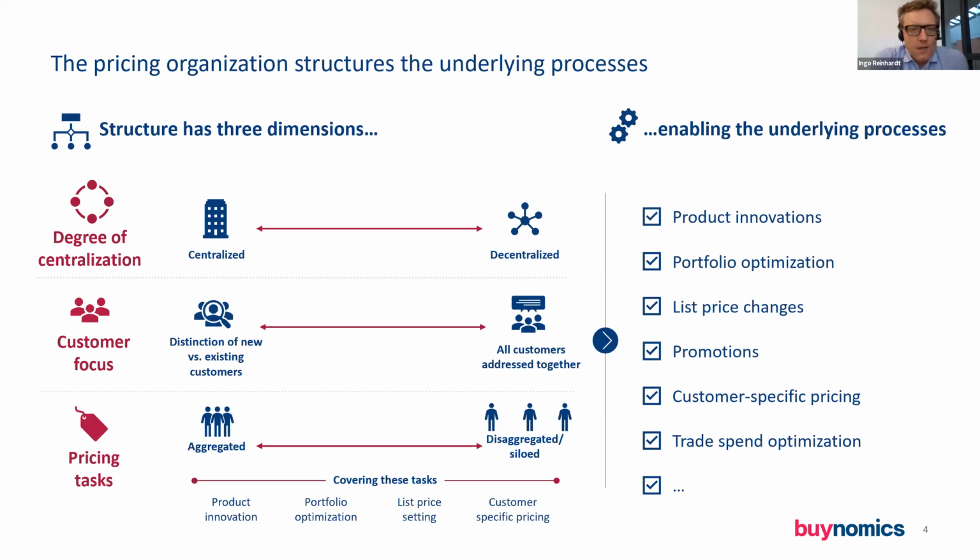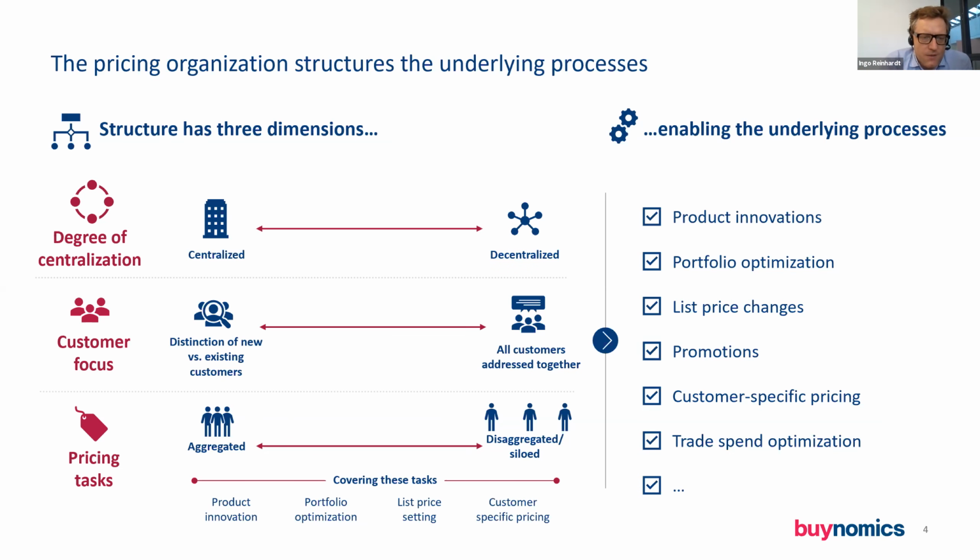Most of this is well known, and we use this as a starting point for this discussion. When you think about the organizational structure on the one hand, and then the pricing processes, things like product innovations, list price changes, promotions, and so on that run on these organizations, you have this dichotomy between the structure and the flows that run on it.